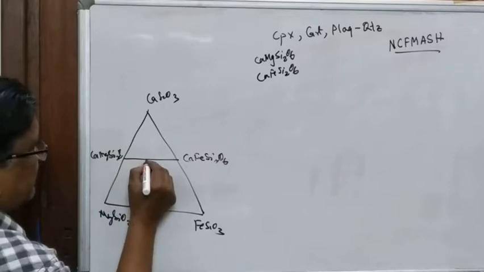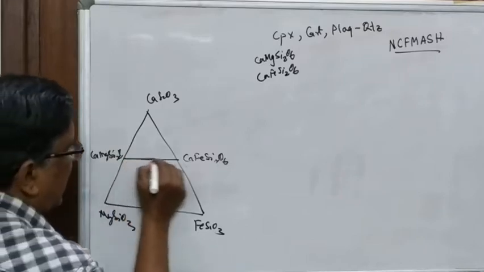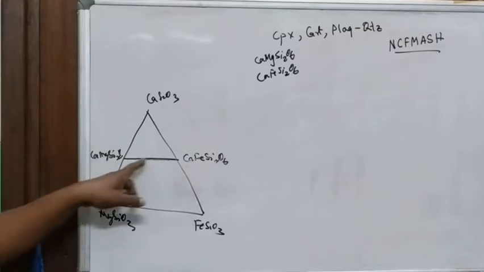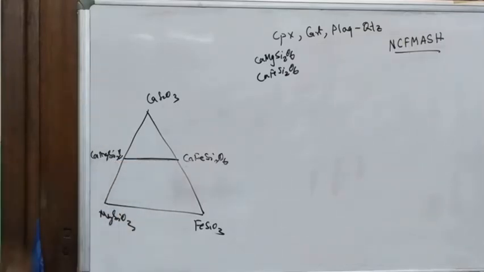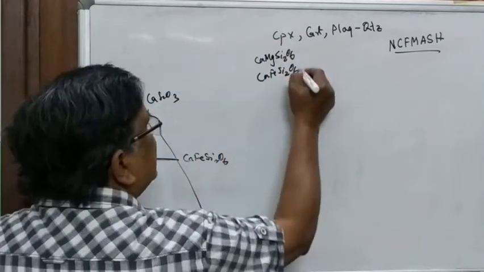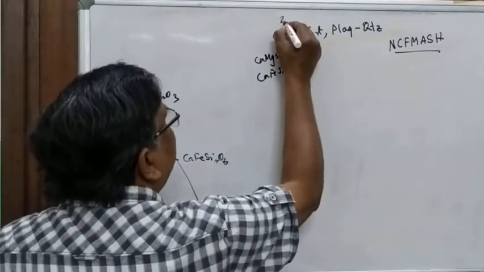So when I say that my pyroxene is a solid solution, I have to make sure that I am anywhere on the boundary. So clinopyroxene is a phase, and these are the phase components. So we have two phase components.